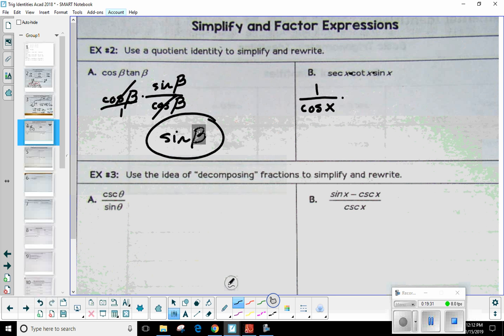Cotangent is always cosine over sine times sine. We're trying to rewrite everything in terms of sine and cosine, so it's going to stay the same. I'll even go ahead and put it over 1. And do you notice anything? Yeah, the cosines cancel, the sines cancel. So this expression actually has what value? 1.